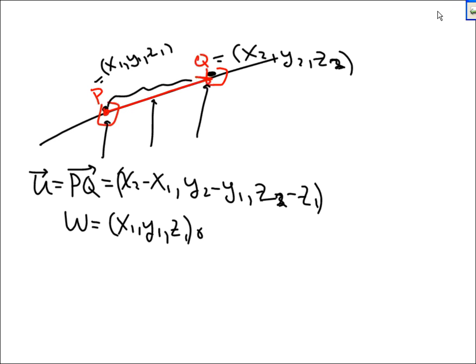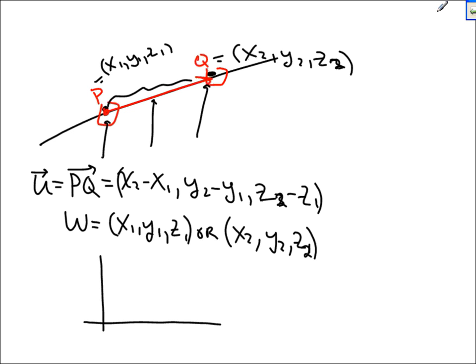You can use that vector, or you can use this vector, because basically what's going on is the following. Let me draw it down here. You have the 2 points, and that's the line.